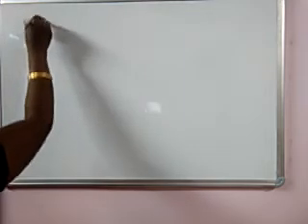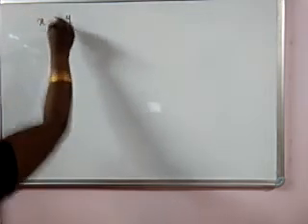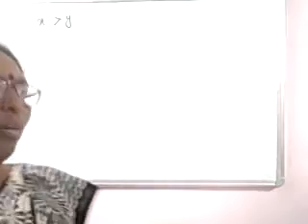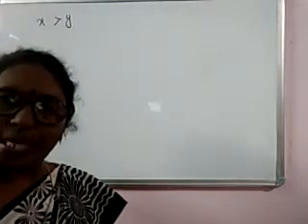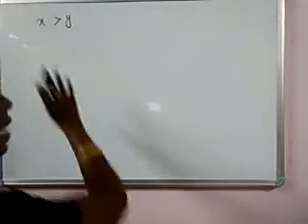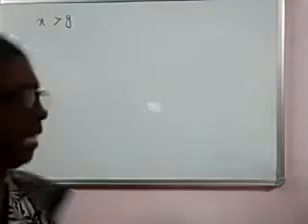Suppose x is greater than y. If you add, subtract, multiply or divide both the sides of the inequation with the same positive integer, the sign of inequality does not change.